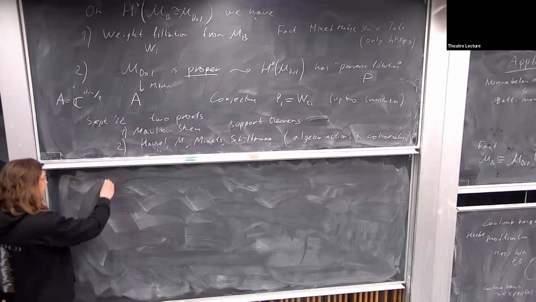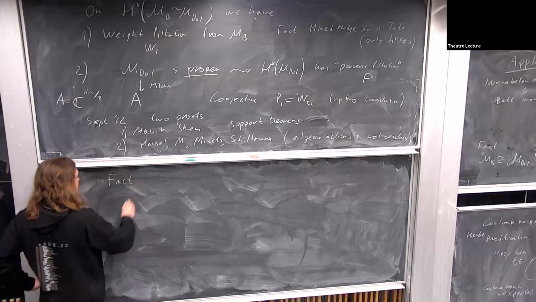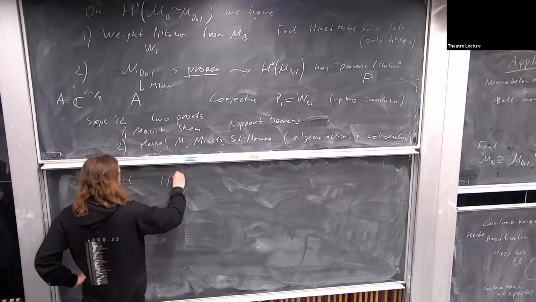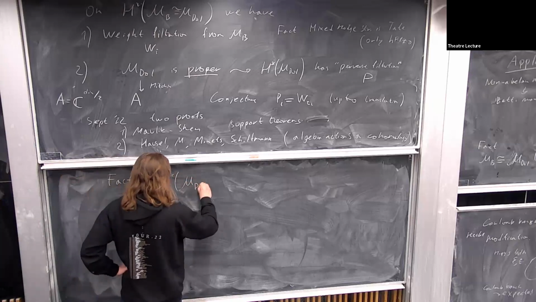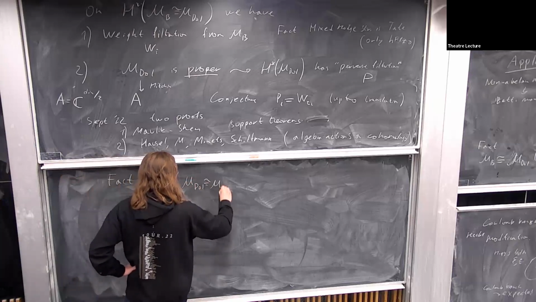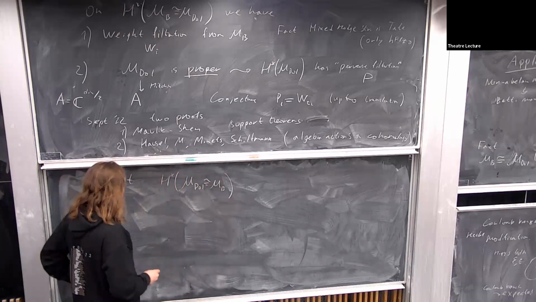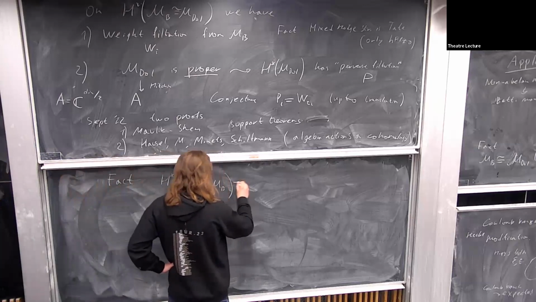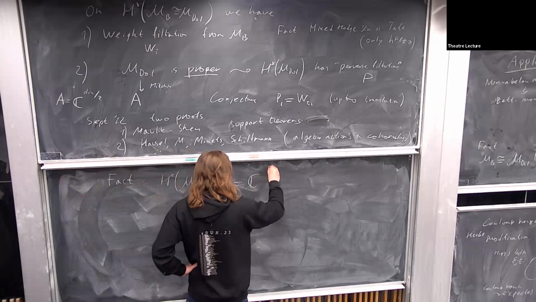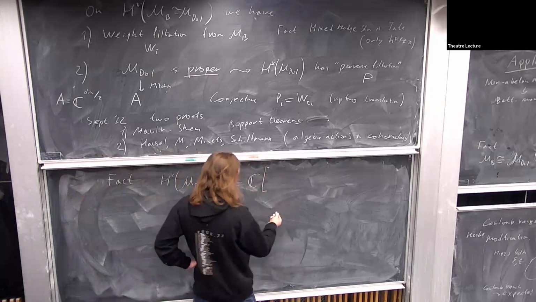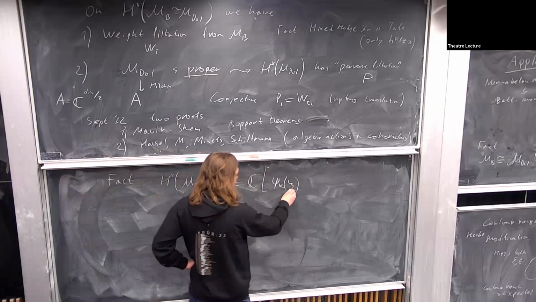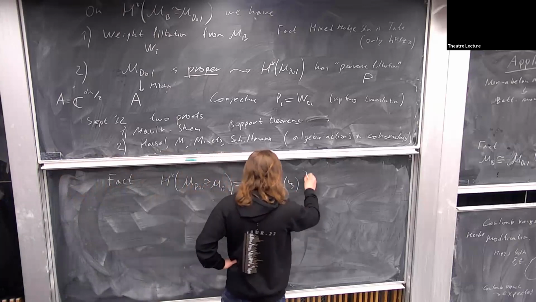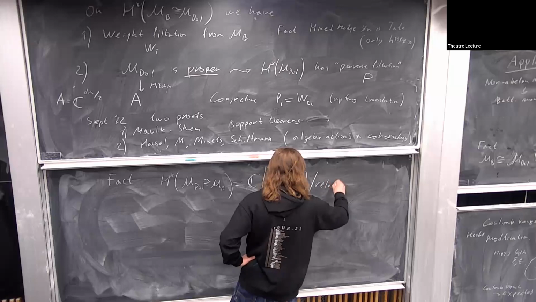So this is a fact that this cohomology ring is a polynomial ring in some generators, which I will denote like this: psi k, modulo some relations.